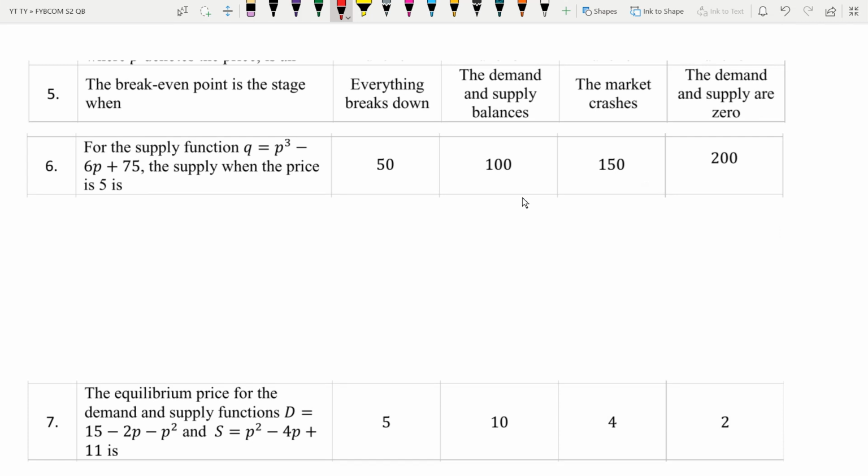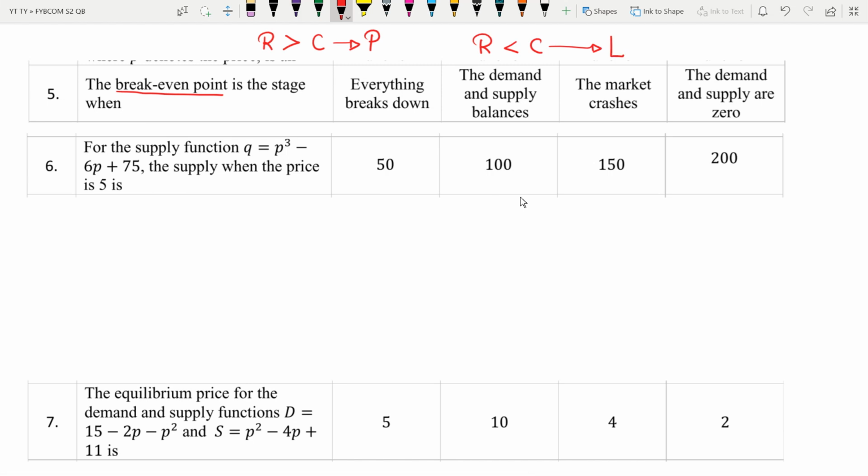The break-even point is a stage when. So those students who have studied for the semester definitely know the meaning of the break-even point. Suppose R is my revenue and C is the total cost. If my revenue is more than the total cost, we get the situation called a profit. If my revenue is lesser than the cost, we get the situation called a loss.